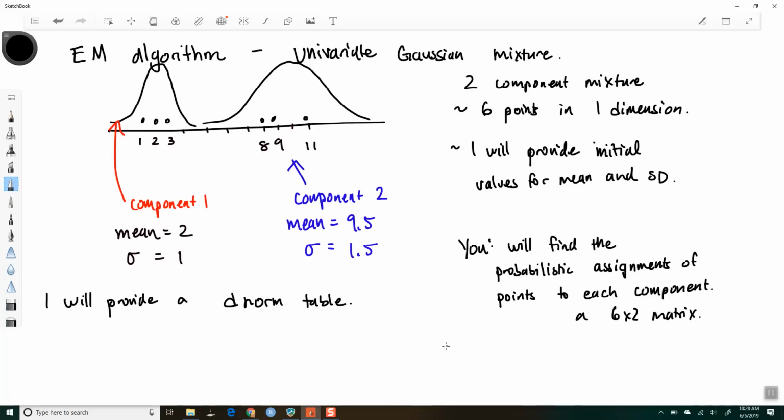And then you will find also the updated, we'll just do mean estimates of the components.